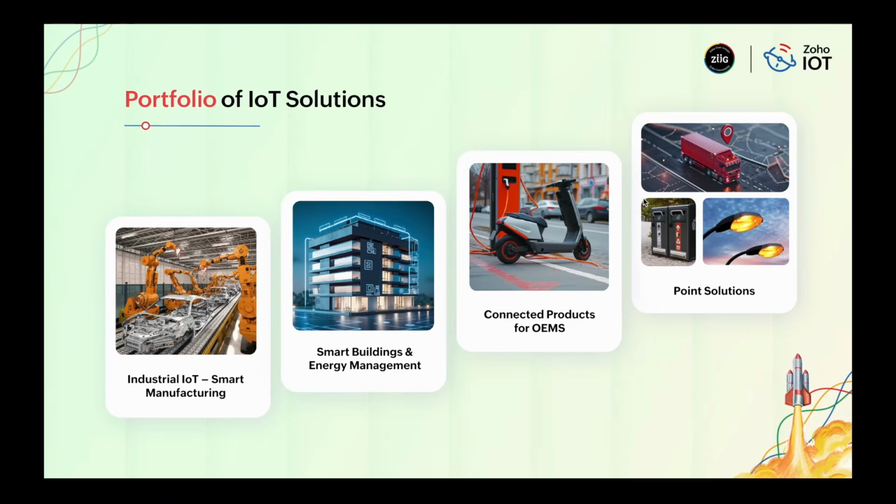Third is connected products for OEMs, who can make their appliances, hardware, and vehicles into connected products and sell them to customers. And number 4 is discrete point solutions, such as a vehicle tracking application, waste management, smart lighting, and solar monitoring. These are all areas that we are also focusing on in depth.